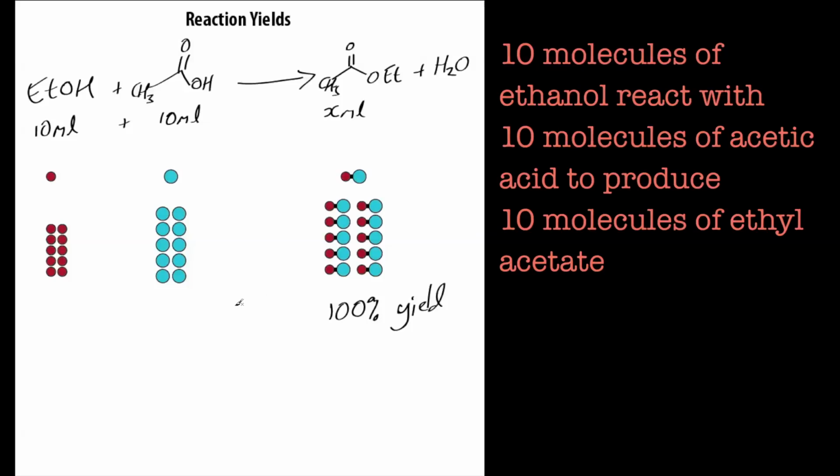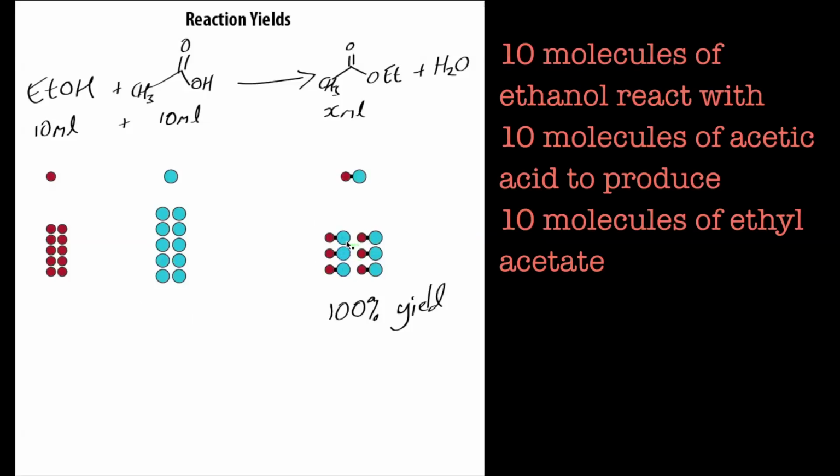However, if, for example, these didn't all react as well together and we didn't get the full conversion, we would be left with, say in this case, only 6 of these reacting with 6 of these, for some reason, because it takes time to react things together.